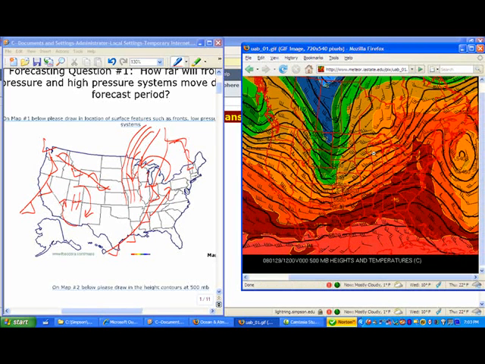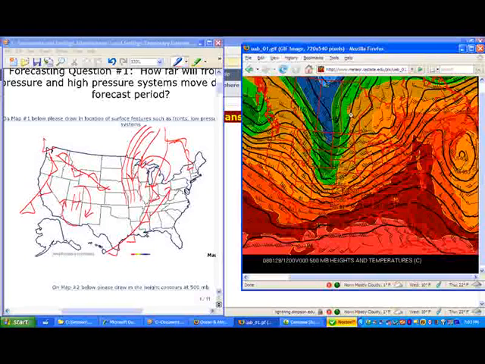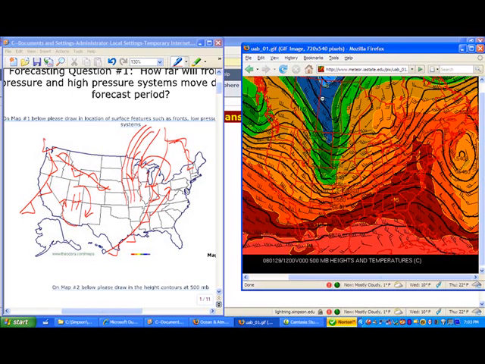Here is Iowa, and notice we have a trough out to the west. Trough, that's where these lines of constant heights, these are called isohips at 500 millibars. At the surface we call lines of equal pressure isobars. Above the surface we don't look at pressure but the height of a pressure surface. Don't worry about that. That's an advanced topic.